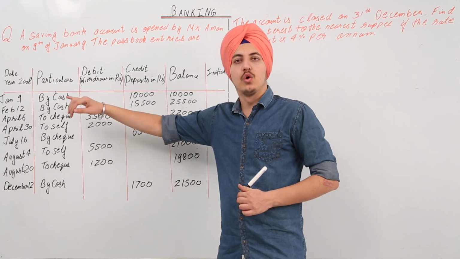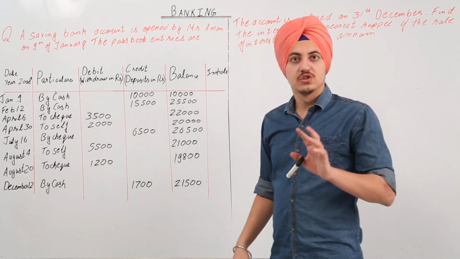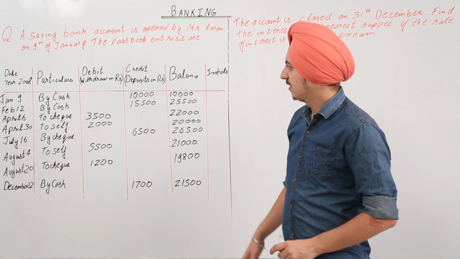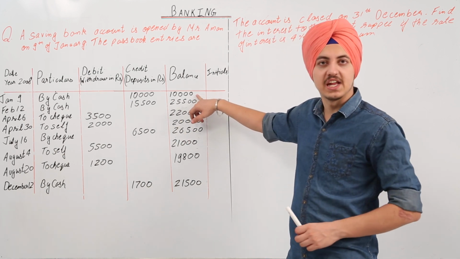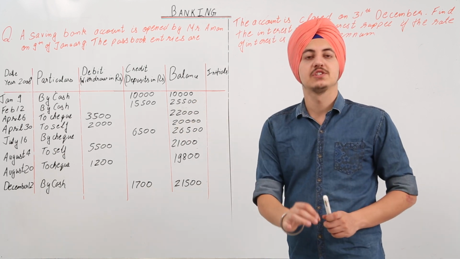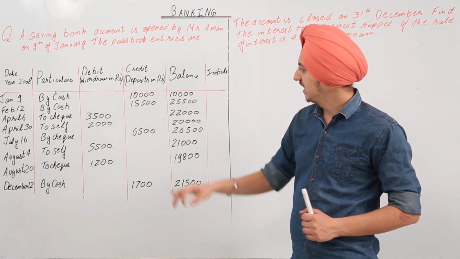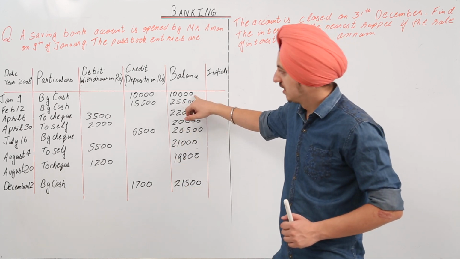But there is again a very important point. This entry is made on the 12th of February. So on the 10th and the 11th of February, the balance was still rupees 10,000. So the minimum balance for the month of February is also rupees 10,000. Am I right?